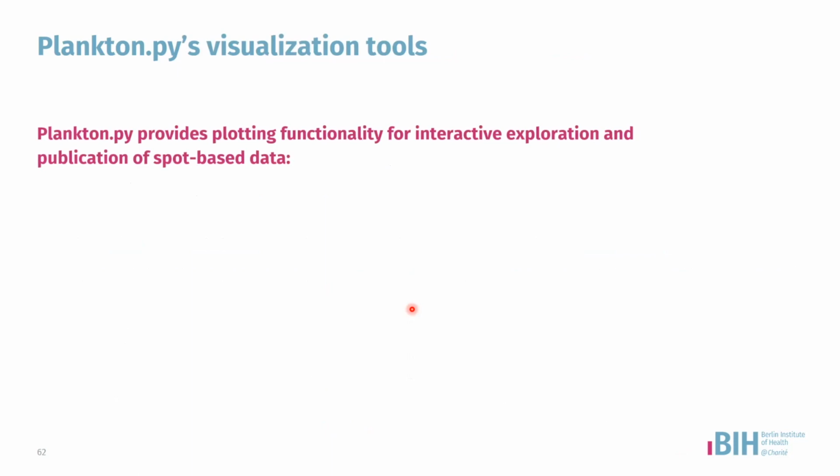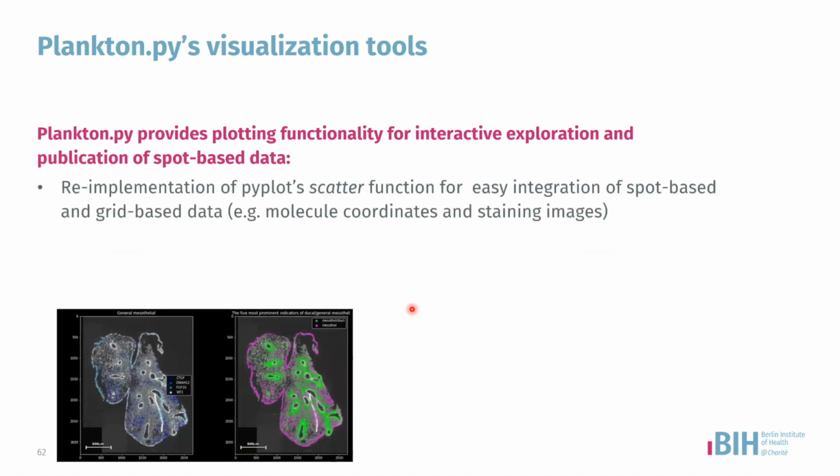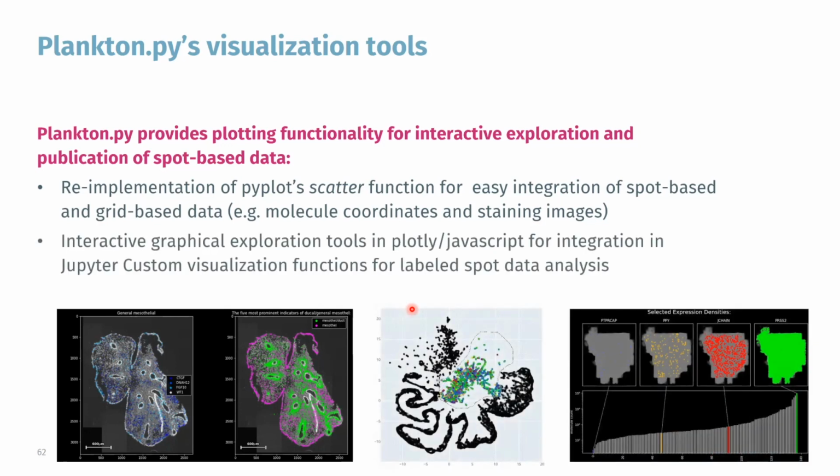One of the things that makes Plankton.py really useful is its visualization tools, and it provides a lot of plotting functionality and interactive analysis. This is based around the pyplot scatter function, so it allows you to do easy integration of spot-based and grid-based data analysis. You can also integrate things such as background images.